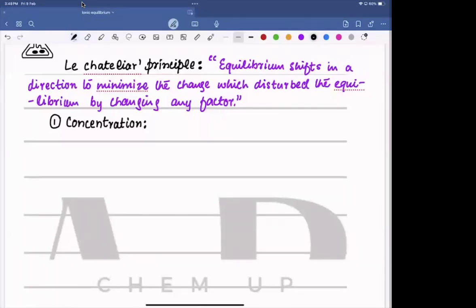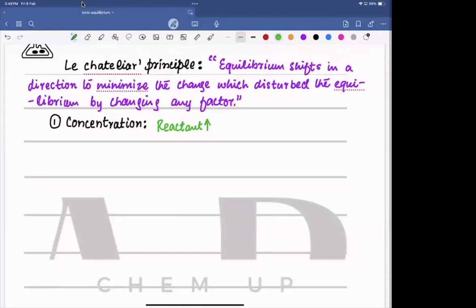So if the equilibrium is established, then it means that the reactants and products are in equilibrium to each other and they stay in the same ratio, isn't it? So think, if at that moment we added more reactant in it, obviously that ratio between the reactant and product is disturbed.